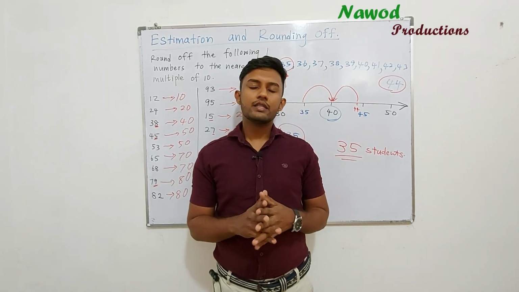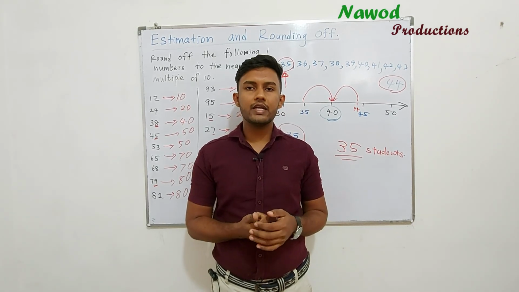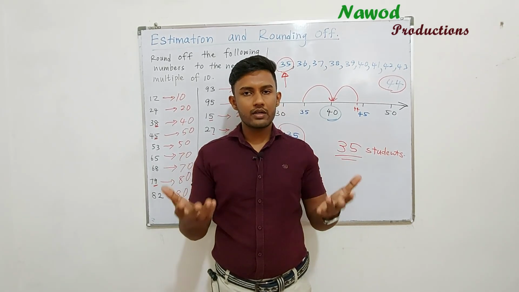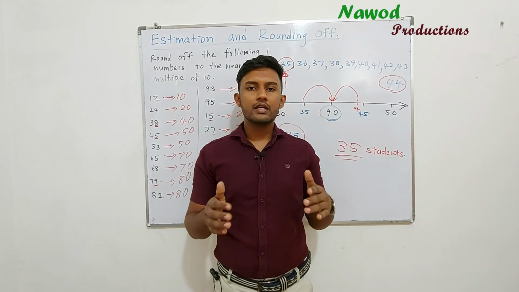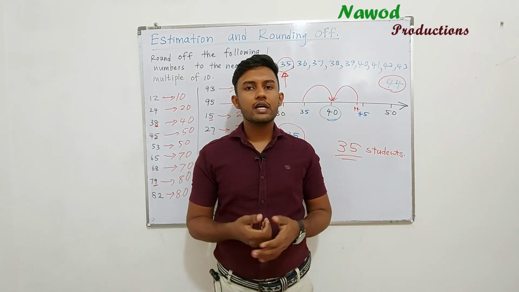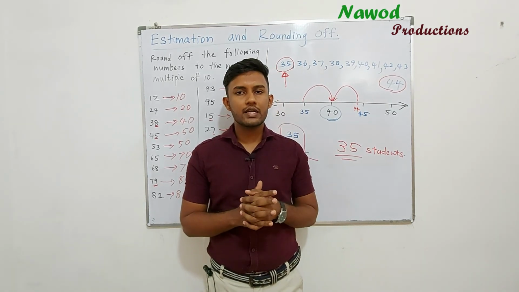Then rounding off, here we did rounding off to the nearest multiple of 10. We can do the rounding off to the nearest multiple of 100, the nearest multiple of 1000, the nearest multiple of 10,000. Likewise, we can obtain the nearest values.